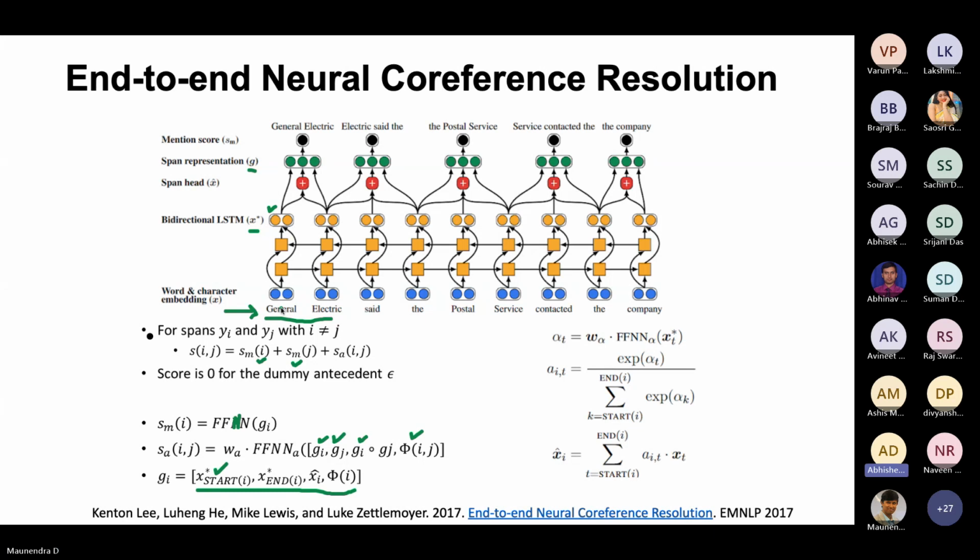Okay, so in there we also need this phi i and xi hat. How are we getting those things at that layer? Xi is an attention-based representation, which is described here. And for getting xi hat, you need to know the x stars, right?